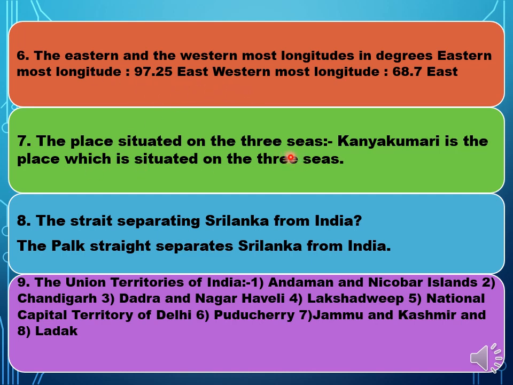The place situated on the three seas is Kanyakumari. It is situated near the three seas, that is the Indian Ocean, Arabian Sea, and the Bay of Bengal. The strait separating Sri Lanka from India is Palk Strait. The Union territories in India are Andaman and Nicobar Islands, Chandigarh, Dadra Nagar Haveli, Lakshadweep, National Capital Territory, that is Delhi, Puducherry, Jammu and Kashmir, and Ladakh.